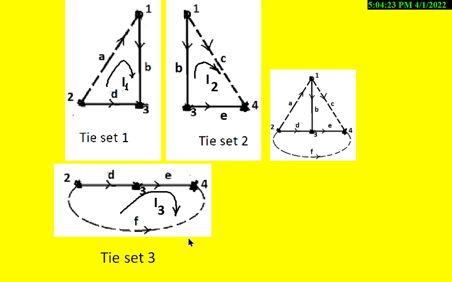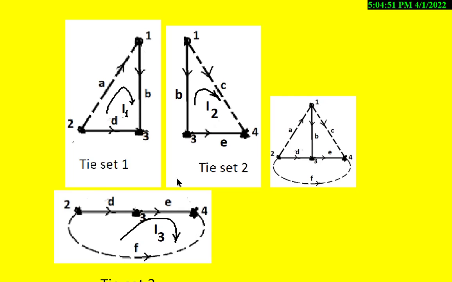Similarly, Tieset 3 is obtained using the F, D, E elements, where D and E are twigs, thick lines, whereas the F line is a link shown by a dotted line. Here we assume the loop current as I3 like this.